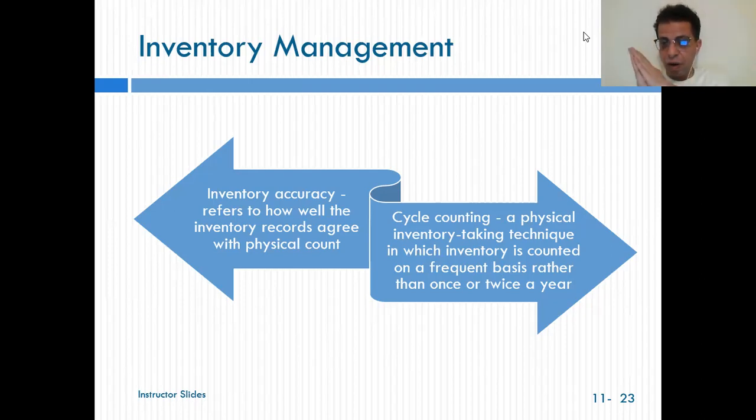And the second part is cycle counting, which is a physical inventory taking technique in which inventory is counted on a frequent basis rather than once or twice a year. So these are two things: first we have the accuracy in the warehouse, and then the right calculation is done of how much we need to consume each month or each time period. And this is the end of it.